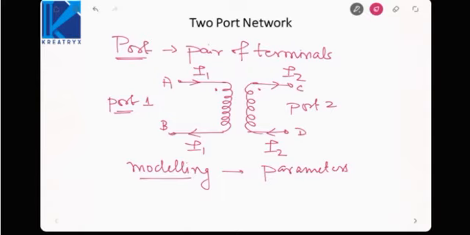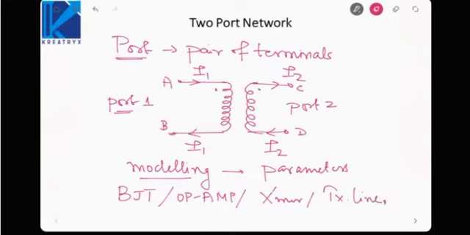So basically two-port networks are used to model BJT, op-amp, and in electrical they will be used to model transformers and transmission lines.